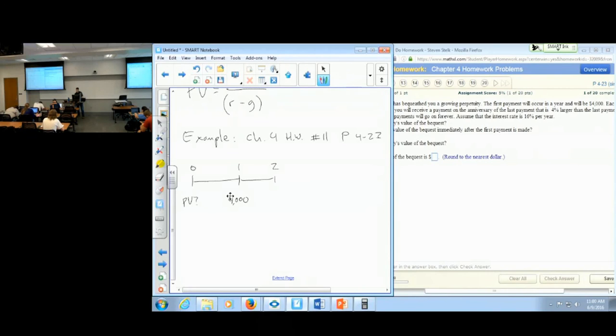Each payment is going to be 4% larger than the last one. So my payment 2 years from now is going to be that original $4,000, but then it's going to grow by 4%. So I'm going to multiply it times 1.04 to grow at 4%.